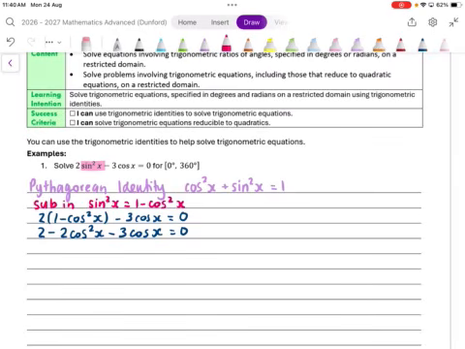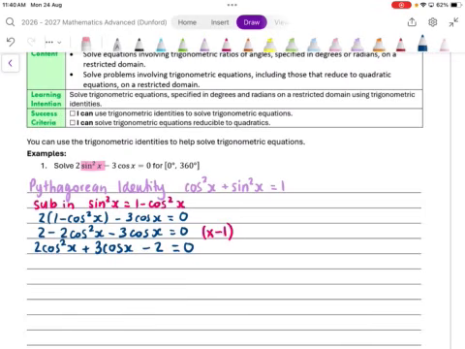So we are going to technically move everything to the other side, or another way to think about it is we're going to multiply every term by minus 1. When we multiply every term by minus 1 and write them in order from highest power to lowest power, we get 2 cos squared x plus 3 cos x minus 2 equals 0.